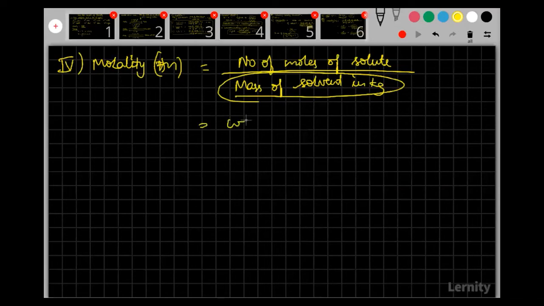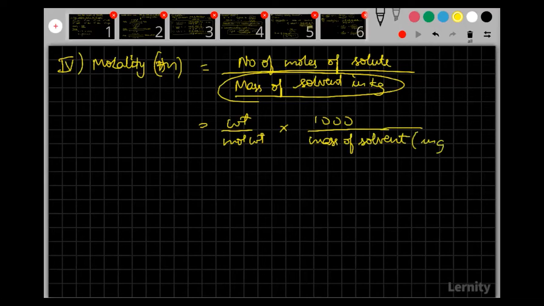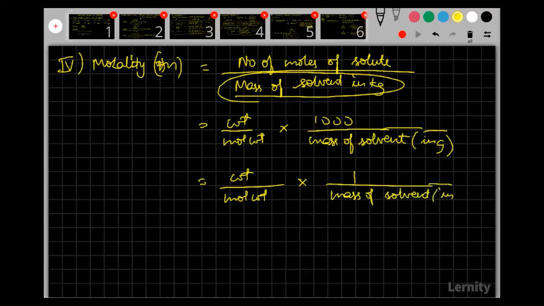So here we take it as weight by molecular weight into 1000 by mass of solvent in grams. We can also write this as weight by molecular weight into 1 by mass of solvent, if it is given in kg.